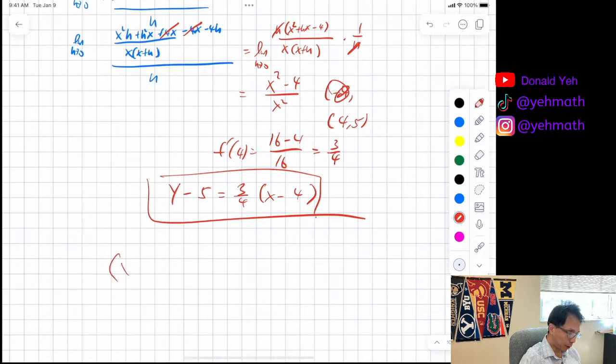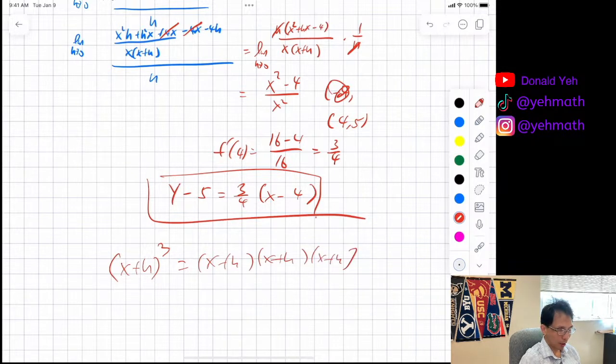A lot of people don't know how to expand this. You can do it two ways. You can use Pascal's triangle, or you can just do x plus h times x plus h times x plus h. You expand the first two and then expand the next two. Then it's going to be kind of messy, but it's just learning how to deal with messiness.